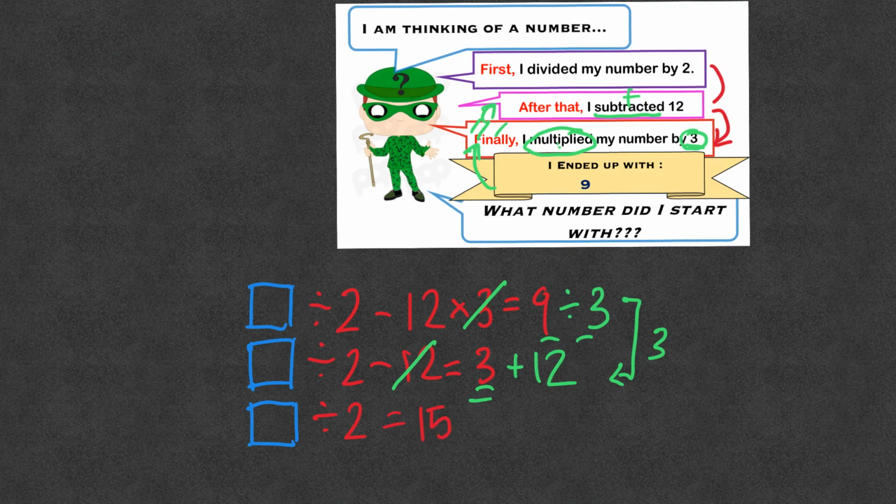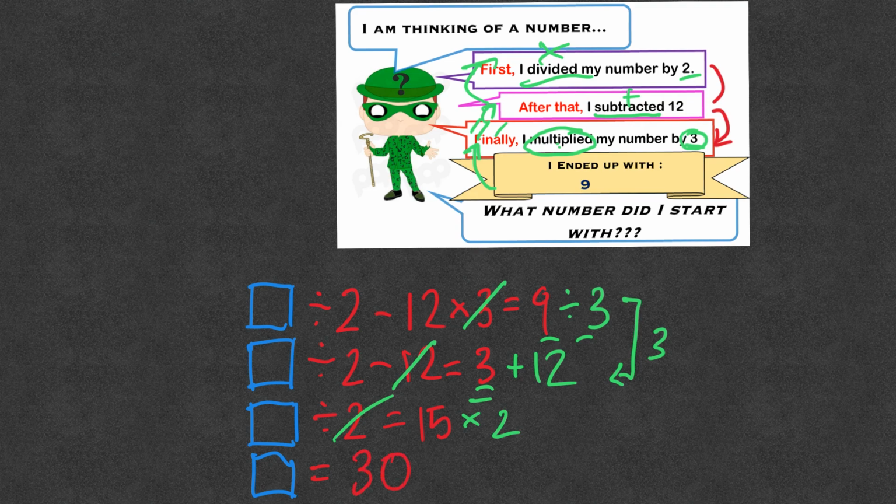So look, something divided by 2 makes 15. So now we have to undo the final step, and we need to multiply the number by 2, which is fairly straightforward. Mystery number is equal to 30.